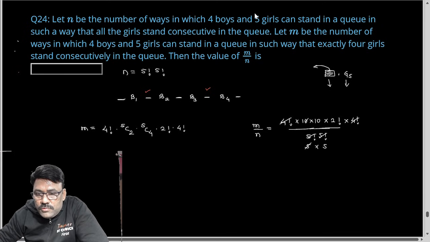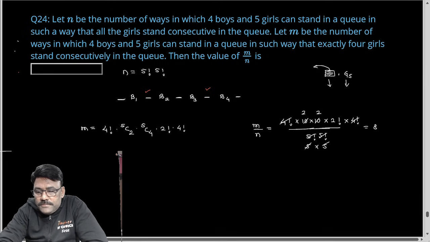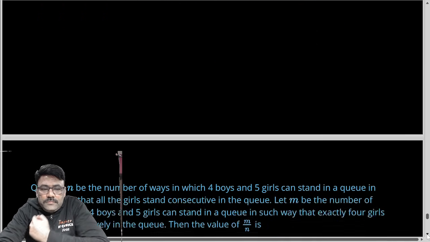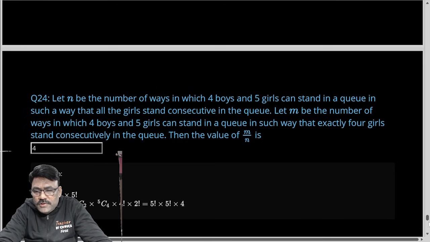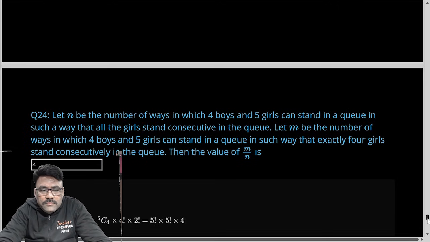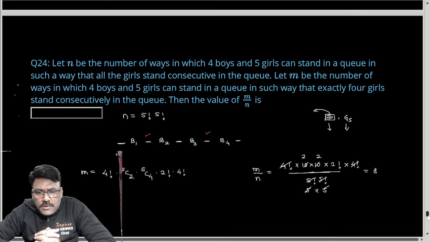Then 5 into 2, 10. So I'm getting 2, 2, 2, means it should be 8 here. So m by n should be 8. Why have they written 4? Am I doing some error?